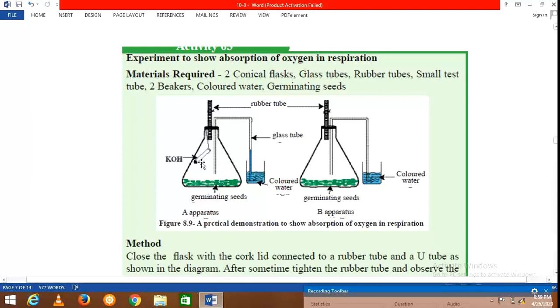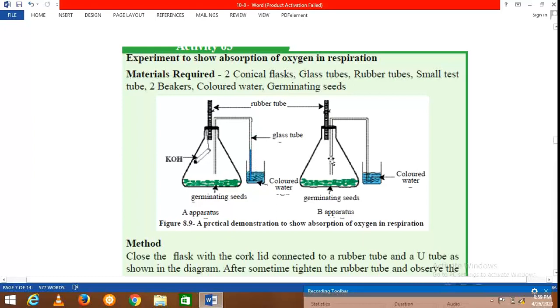So two gases are removed from this volume inside the conical flask. As gases are matter, to fill that gap, this colored water goes up through the U-tube to occupy that space.